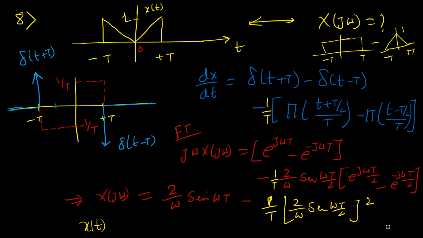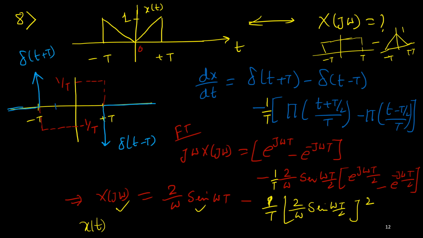You will get the same result, because if you subtract, it reduces gradually, becomes 0 here at 0, and then grows. That means for this gate function you have a sinc function, and for this triangle you have a sinc squared. Thus this is your X of j omega.